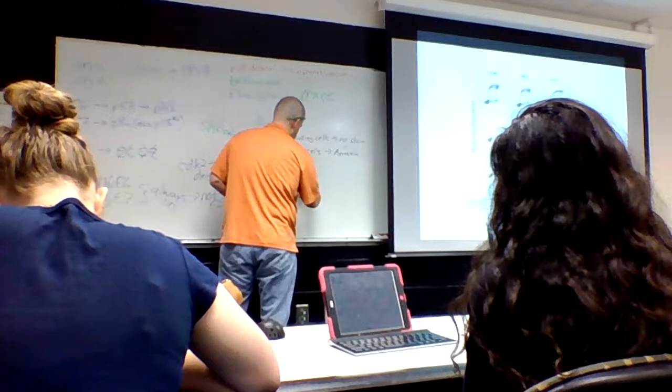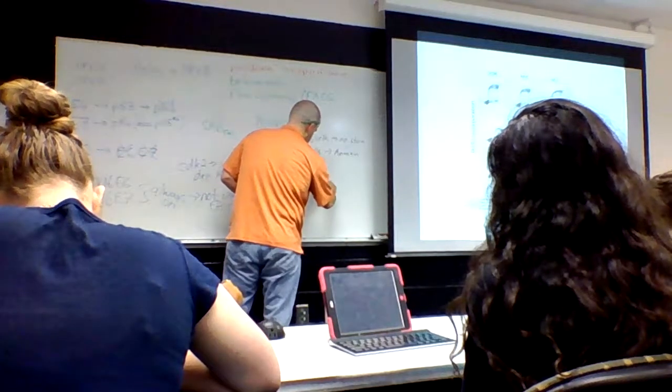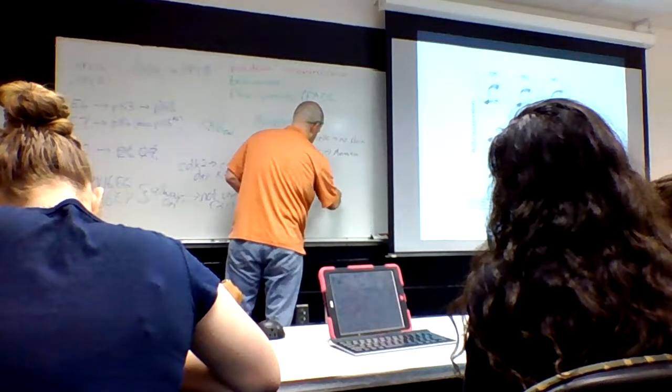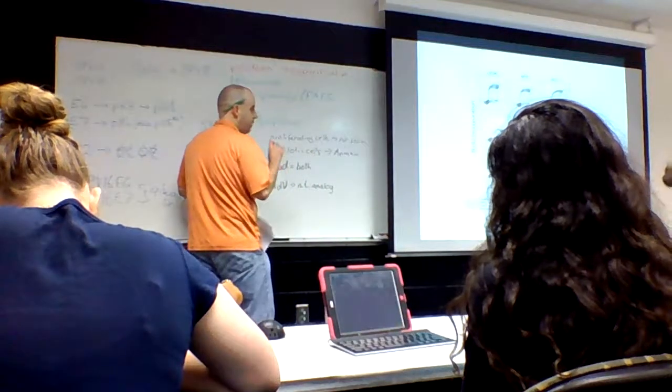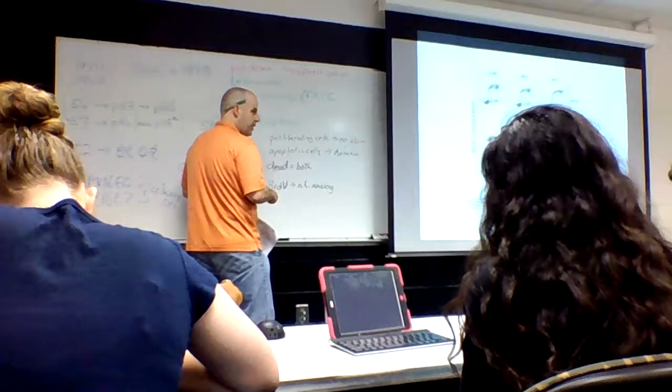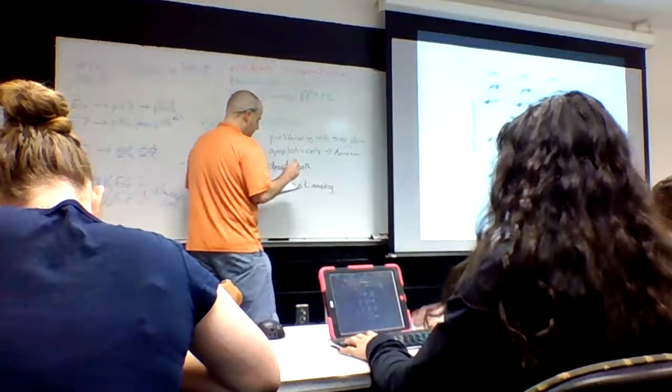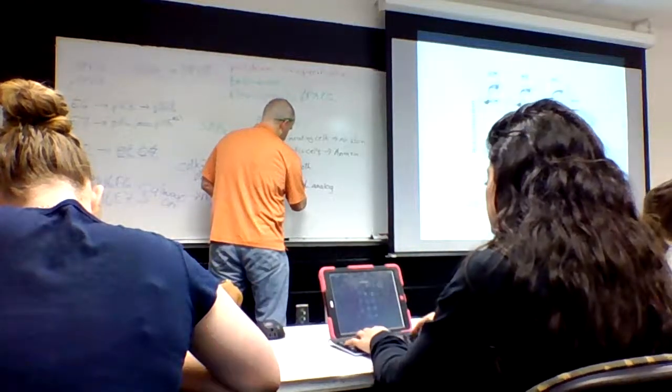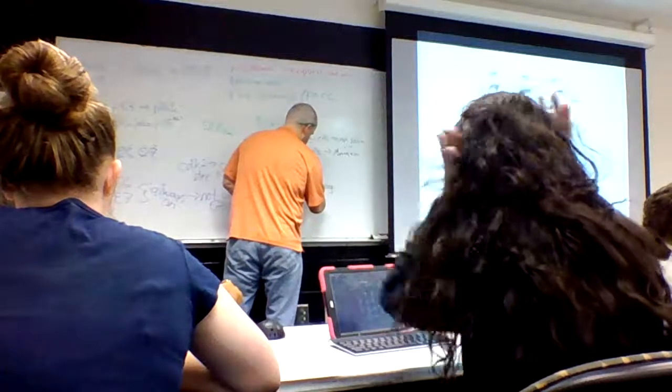BrdU is a nucleotide analog. It is fluorescent. So when DNA gets BrdU incorporated into it, it becomes fluorescent. It is a marker of S phase.